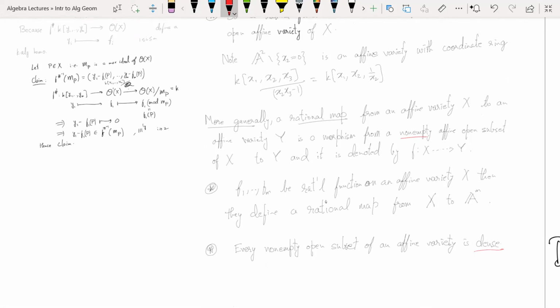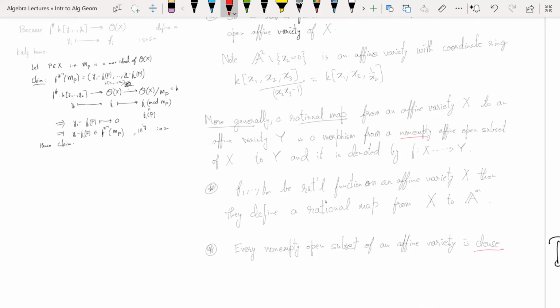Like in the regular function case, if you are given m rational functions on an affine variety, then they define a rational map from x to A^m, because you just throw away the locus where f1 to fm vanish. f1 equals 0 is some closed subset, f2 equals 0 is some closed subset, and the union of these is still a closed subset. You remove that away.